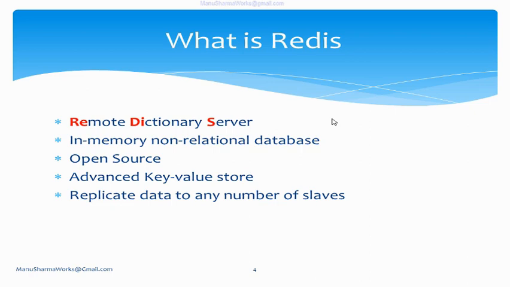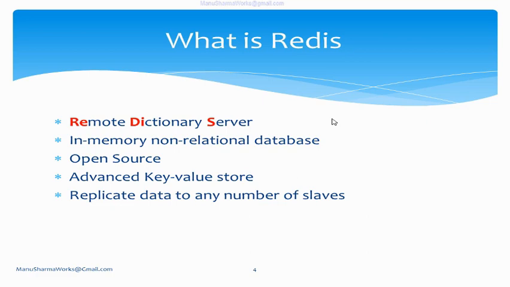It can have a master slave architecture, so we can scale out Redis horizontally to different slaves. There is one master and multiple slaves, and data can be replicated to any number of slaves. The most important thing is that the data is persistent. It can be used as a cache, but in other cache databases, data cannot be persisted to disk, whereas in this case it can be saved to disk.